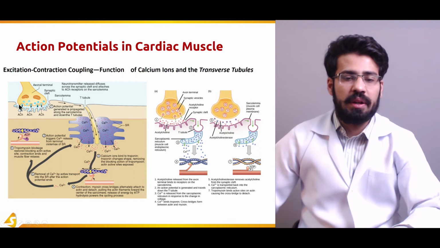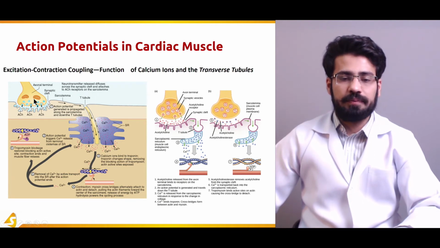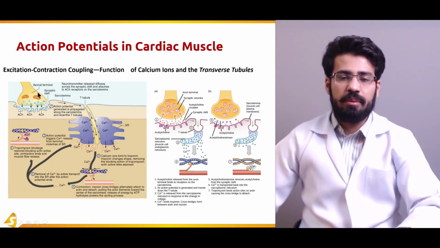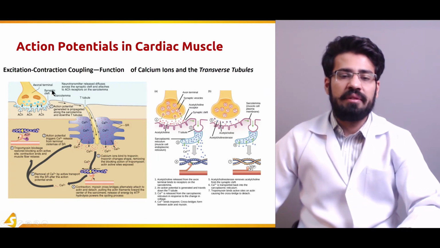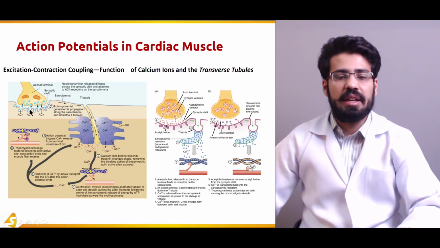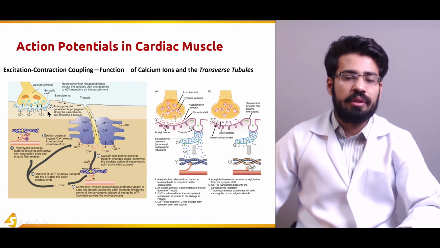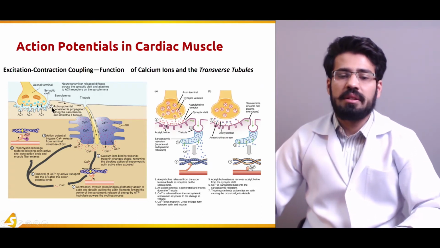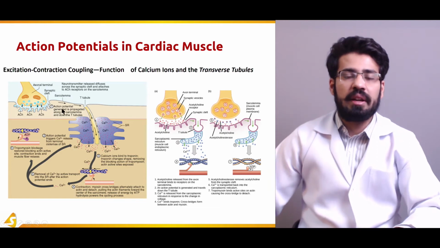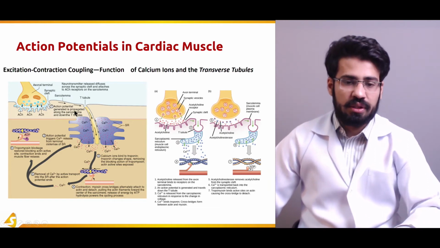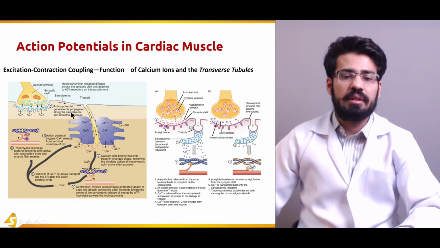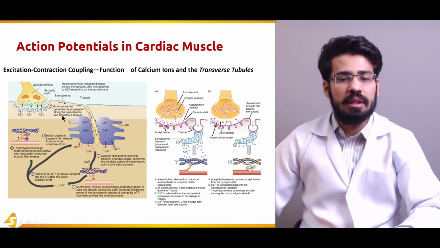Now here in this particular figure, the axonal terminal is connected with the muscle terminal, and at the synaptic cleft the neurotransmitters are released. This release of the neurotransmitter will then cause the action potential to generate, and this generated action potential is propagated along the sarcolemma and down towards the T tubules.